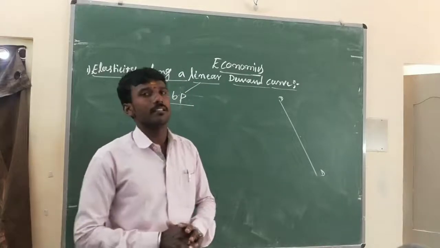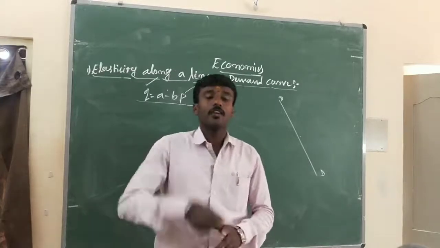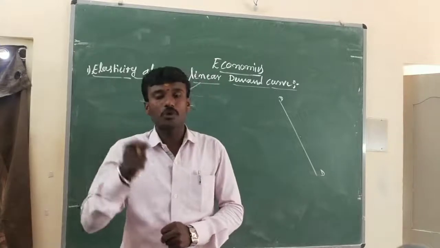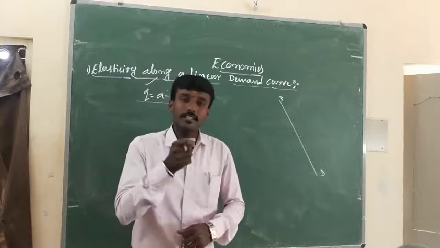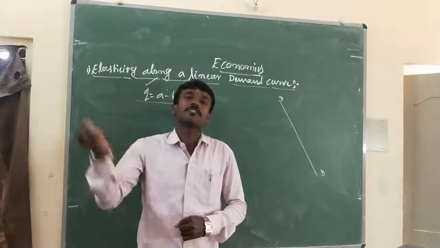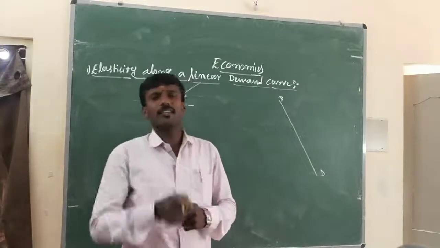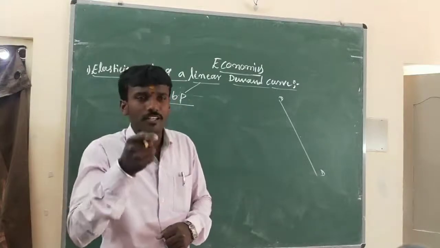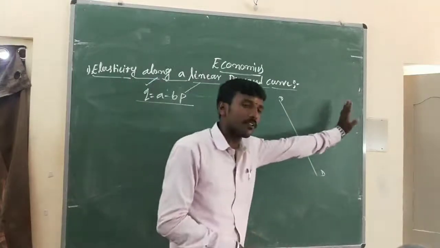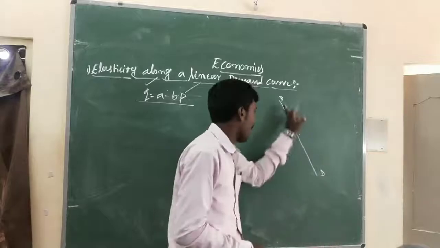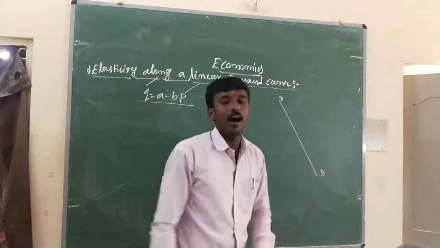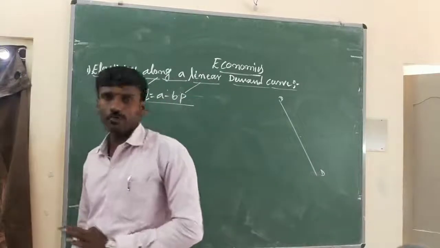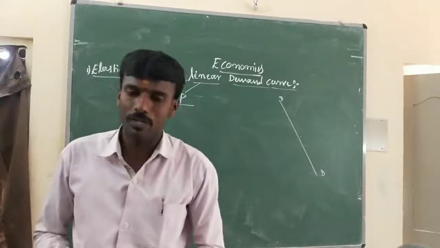In this situation, any point represents the changes in quantity demanded due to changes in price. ಬೆಲೆಯಲ್ಲಿ ಆಗುವ ಬದಲಾವಣೆಯಿಂದಾಗಿ ಬೇಡಿಕೆಯಲ್ಲಿ ಆಗುವ ಬದಲಾವಣೆಯನ್ನ ಡಿಮ್ಯಾಂಡ್ ಕರ್ವ್ ಮೇಲಿನ ಪಾಯಿಂಟ್ಸ್ ನಮಗೆ ತೋರಿಸುತ್ತೆ, ರೆಪ್ರೆಸೆಂಟೇಷನ್ ಮಾಡುತ್ತೆ.